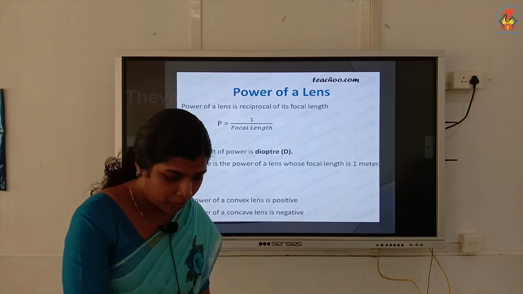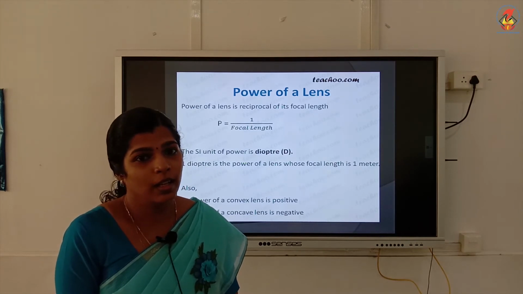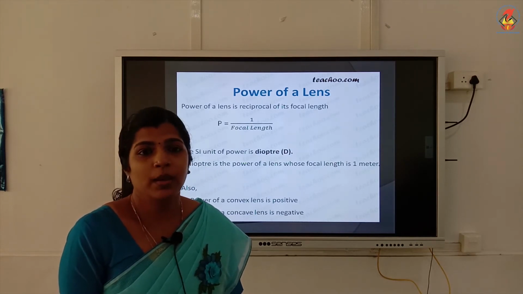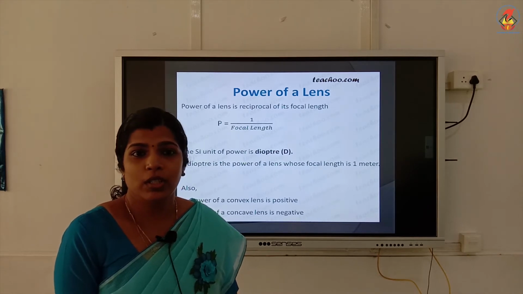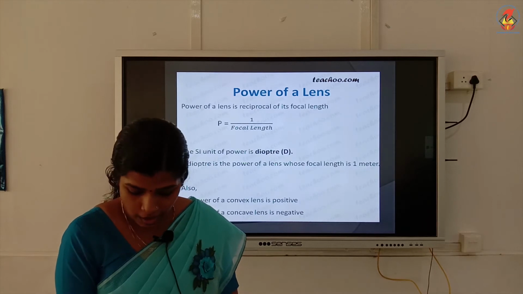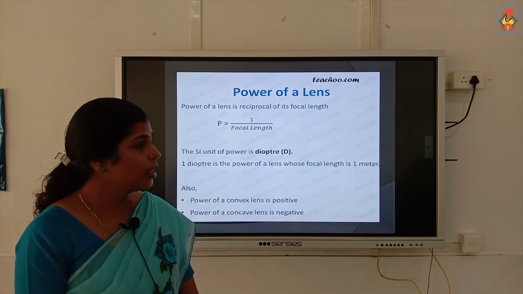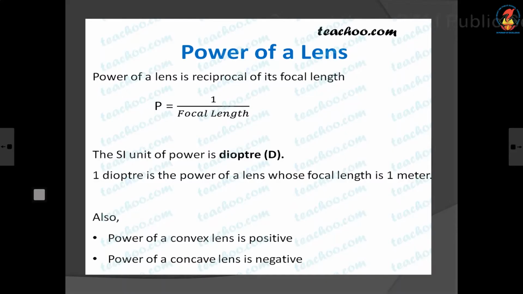So, we know the lens will diverge or converge the light ray. So, what is the degree of divergence or convergence of the light ray achieved by a lens? That is known as power of the lens.